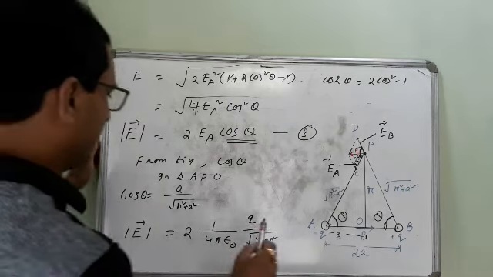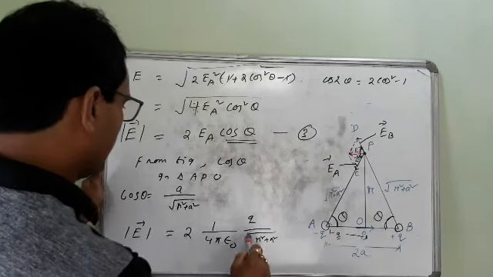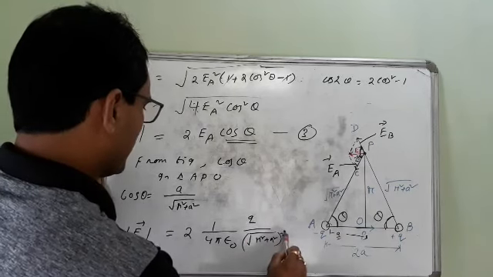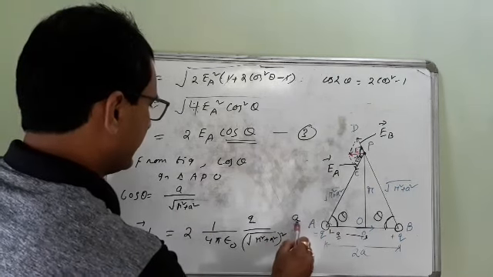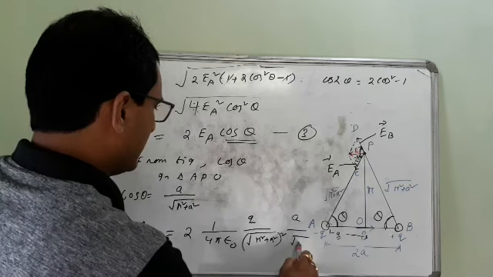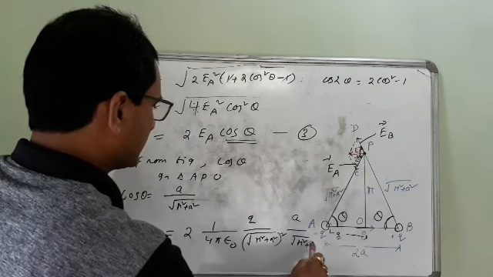Okay, so what is the value of cos theta? Again A by root over R square plus A square.